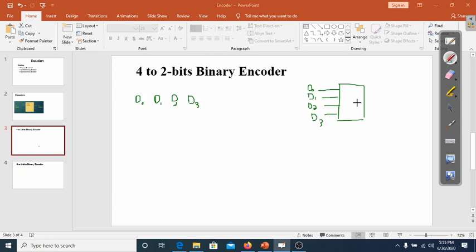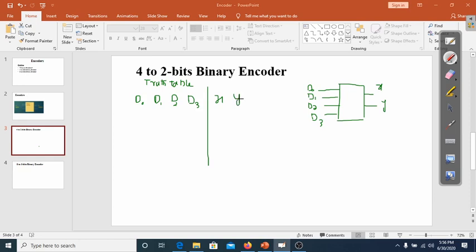The corresponding outputs, which convert these inputs to the binary codes, can be described as X and Y. Okay, these are the inputs. So let me draw the truth table. The truth table is as follows. This is the truth table. So these are the inputs, and X and Y are outputs.